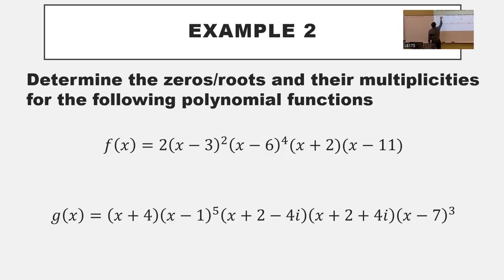We have (x plus 4) times (x minus 1) raised to the 5th power times (x plus 2 minus 4i) times (x plus 2 plus 4i) times (x minus 7) raised to the 3rd power. I got it written down right.